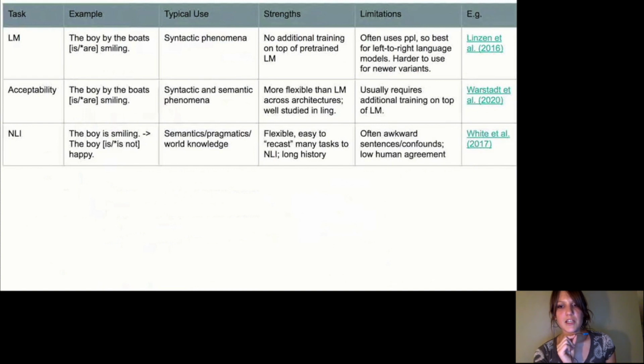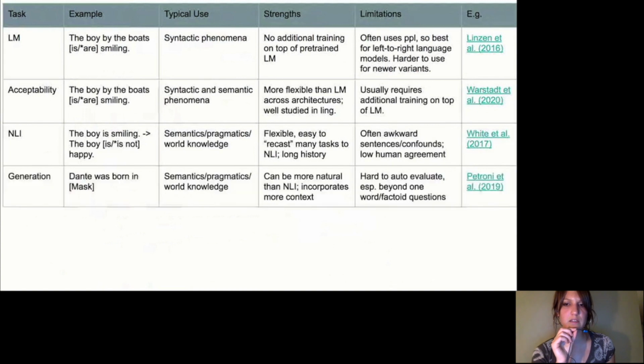But the main limitation is that in order to make things into NLI style tasks, it can be very awkward. Sometimes these isolated pairs of sentences, and asking people to make first choice judgments on them, can be awkward, and human agreement can be low, which makes it hard to hold our models to specific standards of accuracy.